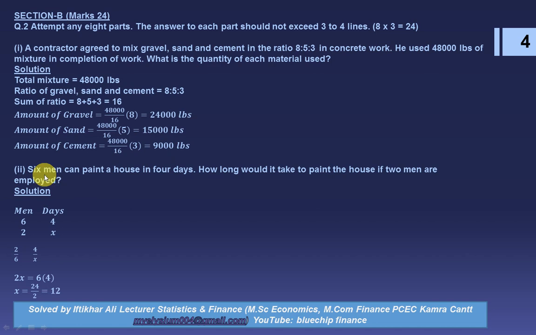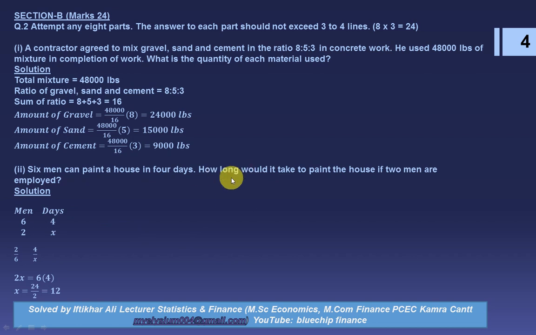Question number 2: 6 men can paint a house in 4 days. How long would it take to paint the house if 2 men are employed? It is a question of proportion. So just take the variables first, men and days. 6 men, 6 should be placed here. Can paint a house in 4 days, days should be placed here.